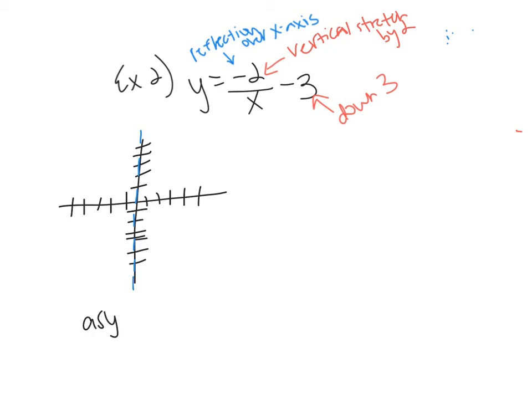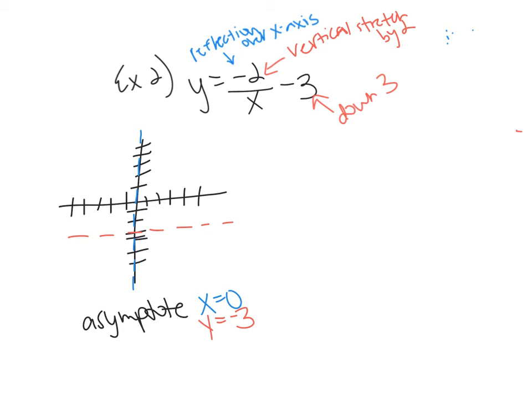But I am moving down 3. So my horizontal one, instead of being at 0, is moved down 3: 1, 2, 3. Again, an asymptote is that imaginary line that the graph is never going to cross, and that will be at y equals negative 3.